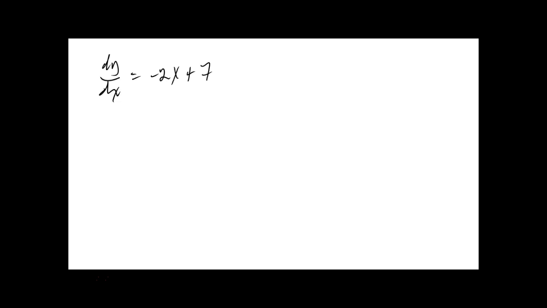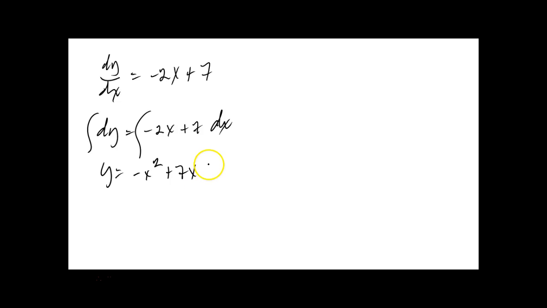You could write that as a differential equation. dy is equal to minus 2x plus 7 dx, and then integrate both sides, and you have y is equal to minus x squared plus 7x, generally plus c. Okay? You take the integral of your differential, if you can do that. It's called separation of variables.